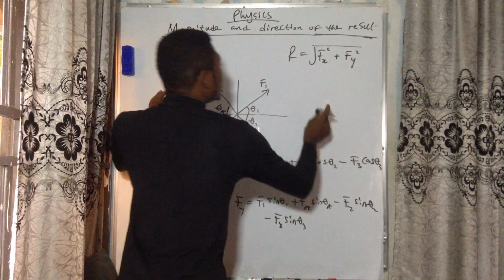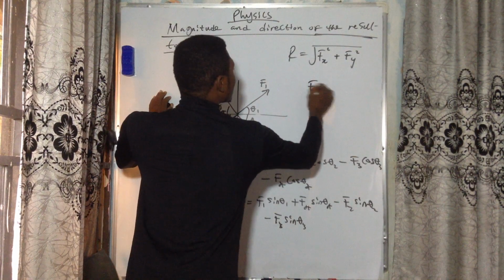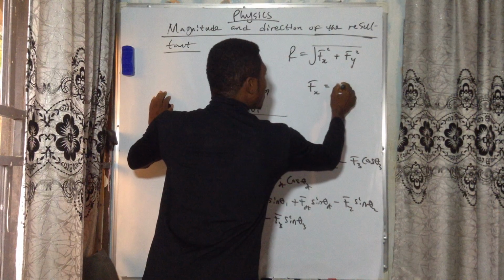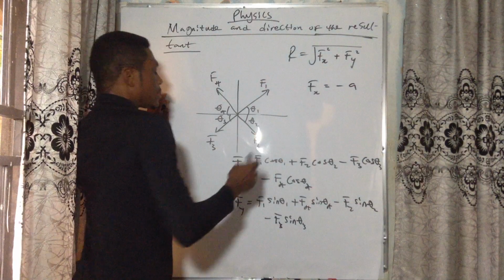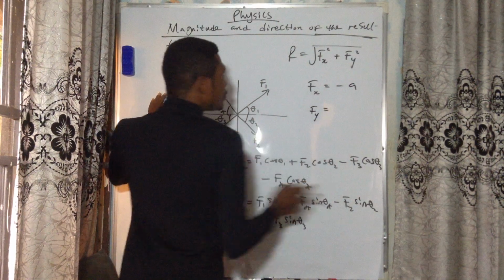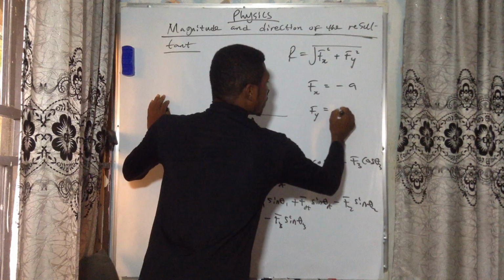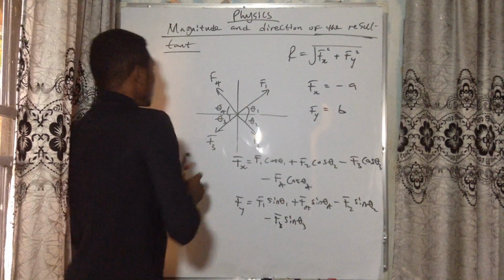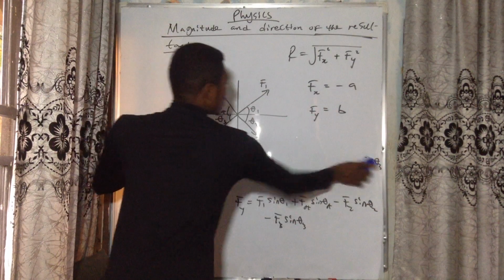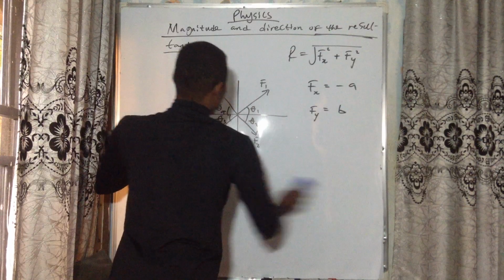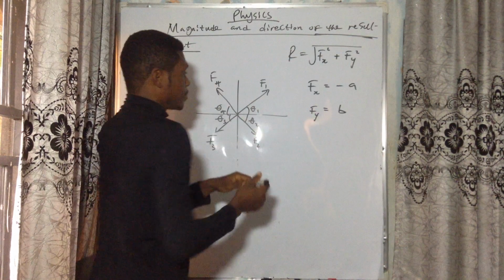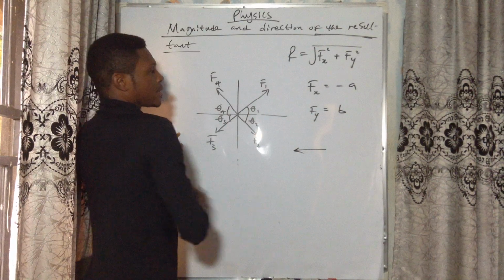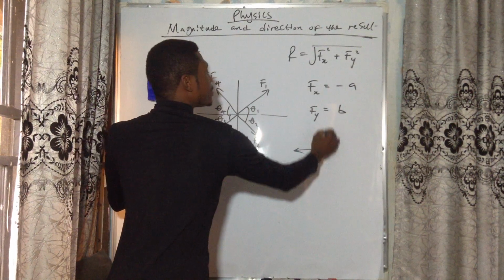Let's say that Fx gives you a negative value, say minus a, and Fy gave you a positive value, say plus b. Now, the direction of the resultant: this is minus a, the negative x-axis, and this is b, the positive y-axis.